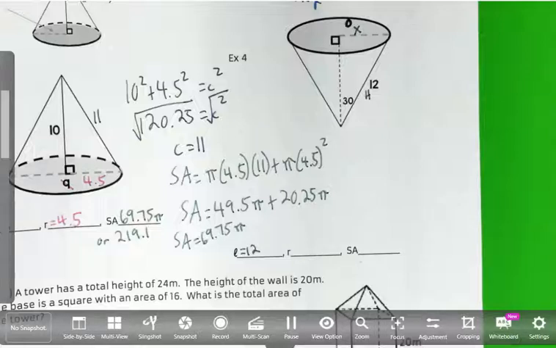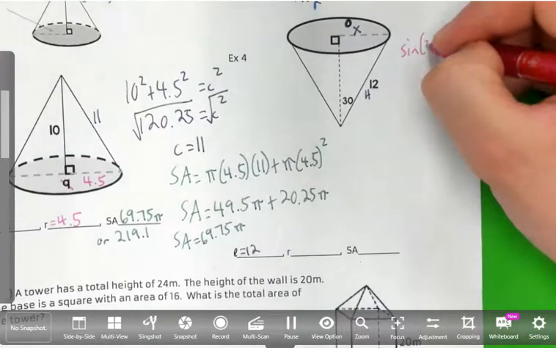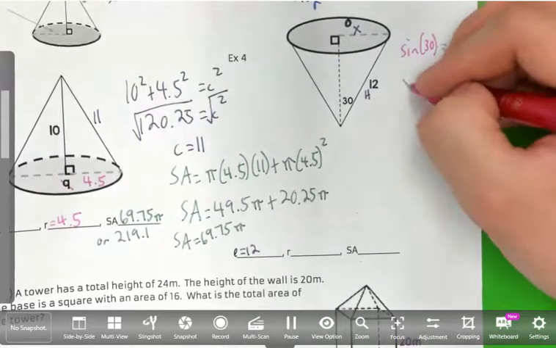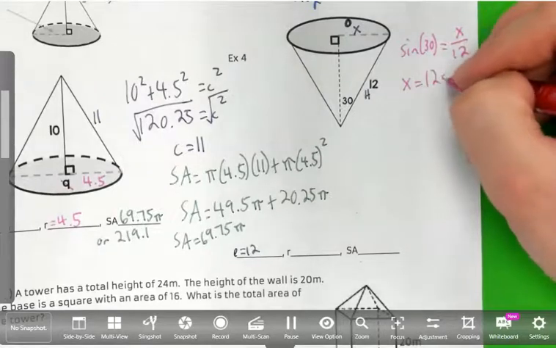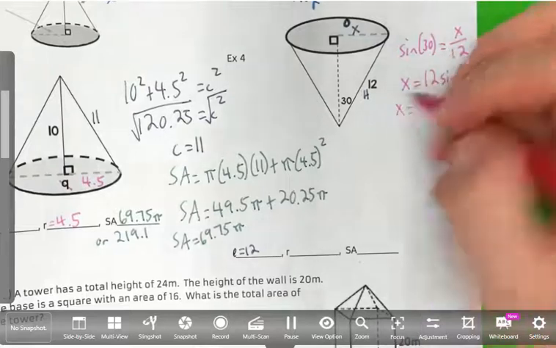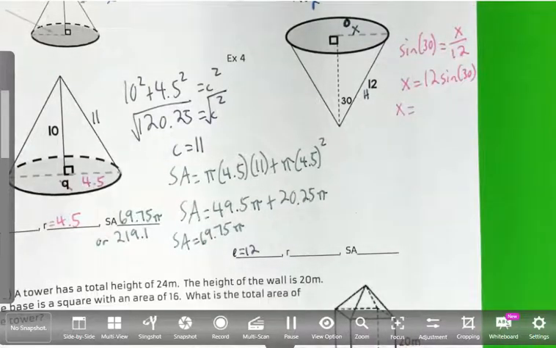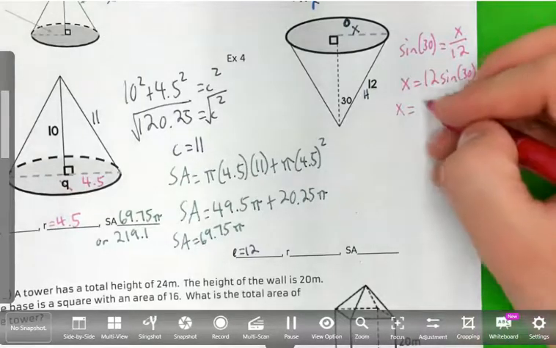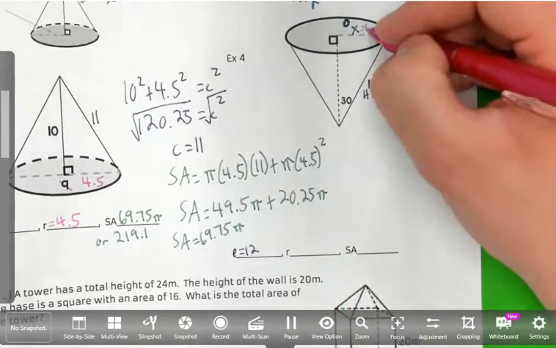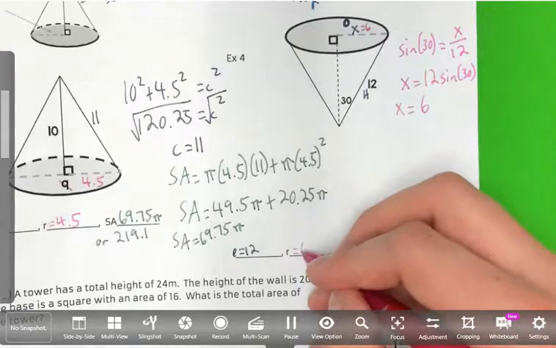So let's go ahead and say that sine of 30 is equal to x over 12. And then we will have to multiply 12 times sine of 30 to get x. All right. So 12 times sine of 30 is 6. So that works out pretty well. So x is 6, which is in fact our radius.